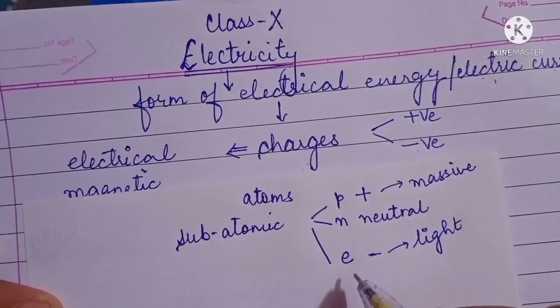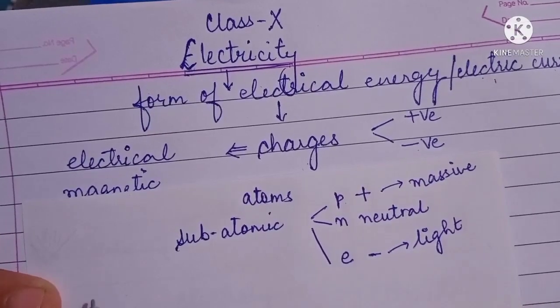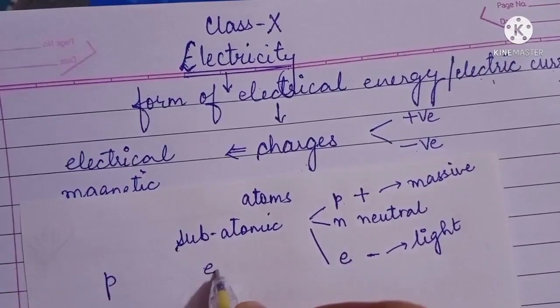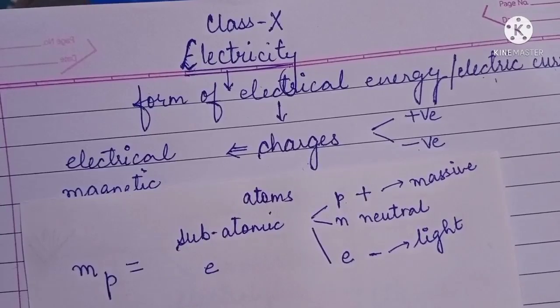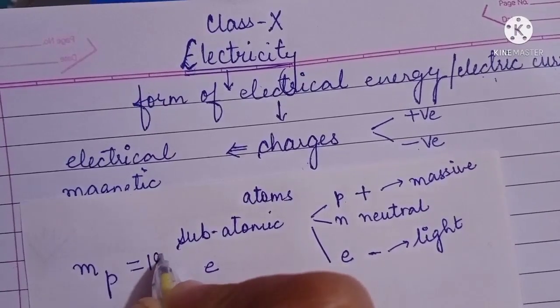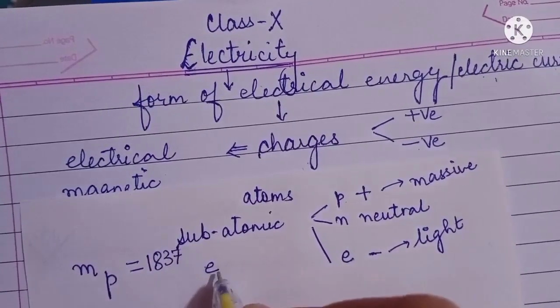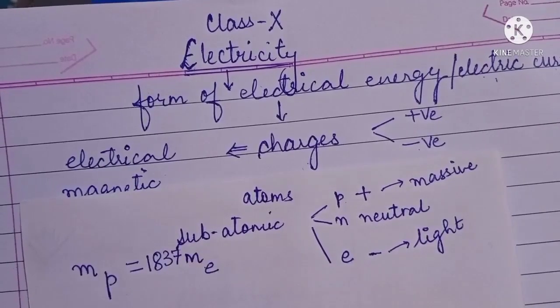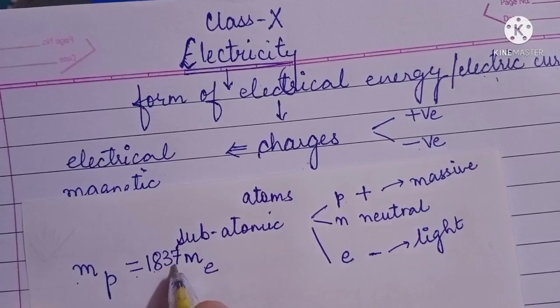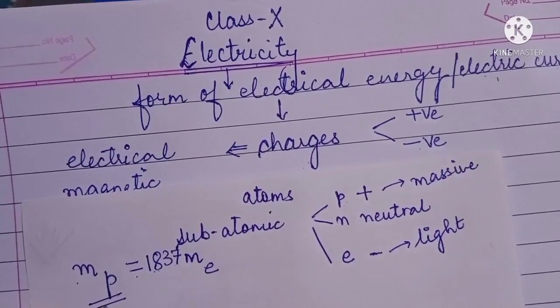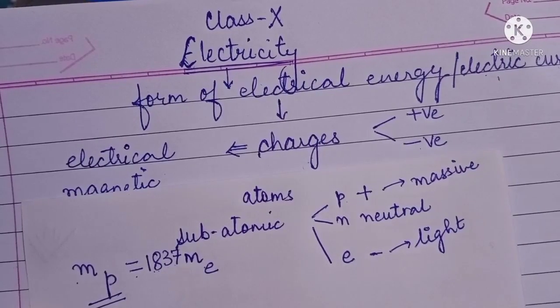Why are electrons able to move? If I compare a proton and an electron, the mass of a proton is equal to around 1837 times the mass of an electron. This is a massive subatomic particle. So this positively charged subatomic particle is very difficult to move.